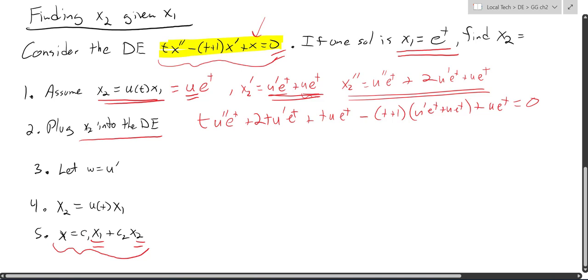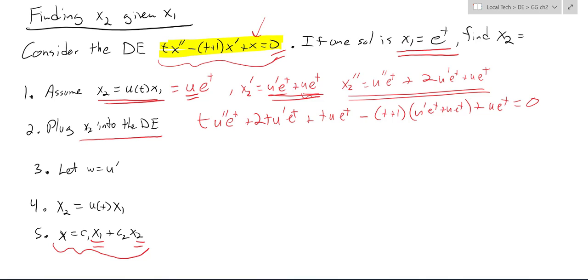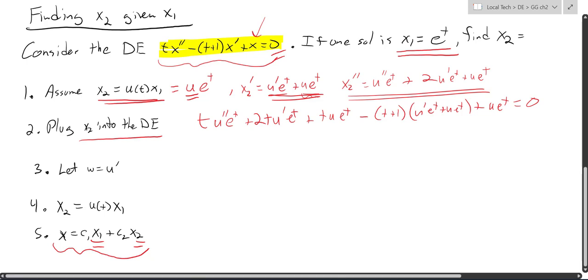So I've made an assumption for x2, calculated all the derivatives, plugged it all into my differential equation, and now I have a big, ugly substitution process. So to do that, I'm going to have to clean some stuff up first here. So I'm going to reorganize a couple pieces, rewriting some of my first pieces, plus 2t u prime e to the t, t u e to the t. Now to organize all this, I'm going to take t plus 1 times all that stuff, so that's t times everything.